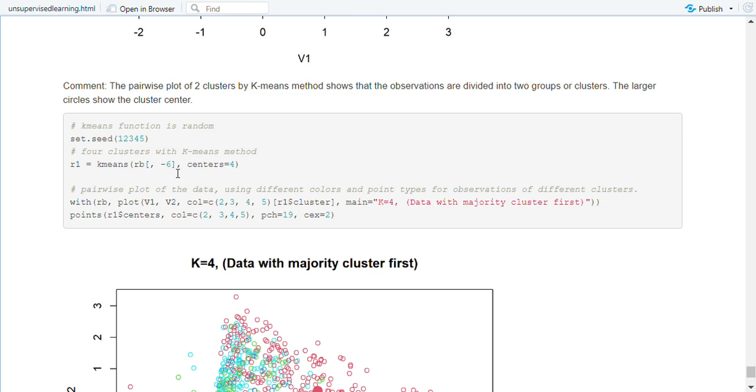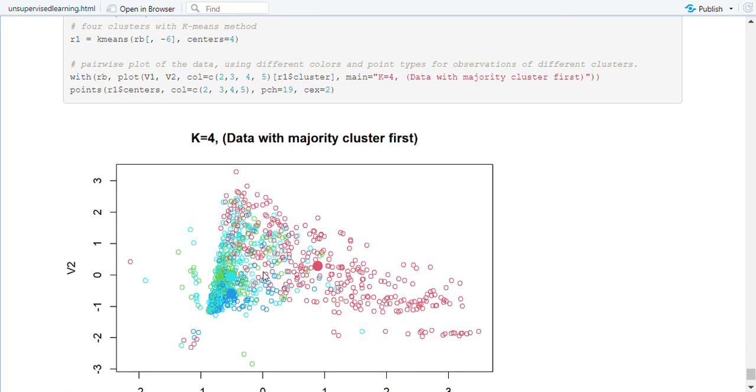Pairwise plot of the data using different colors and point types for observations of different clusters with R B, plot V1, V2, col equal c(2, 3, 4, 5) square bracket R1 at cluster, main equal k equal 4 data with majority class fetched, points R1 at centers, col equal c(2, 3, 4, 5), pch equal 19 and cex equal 2, and we get this.